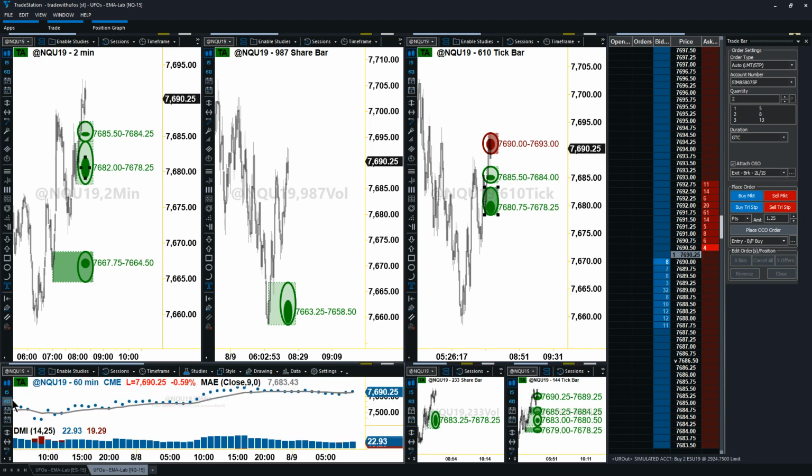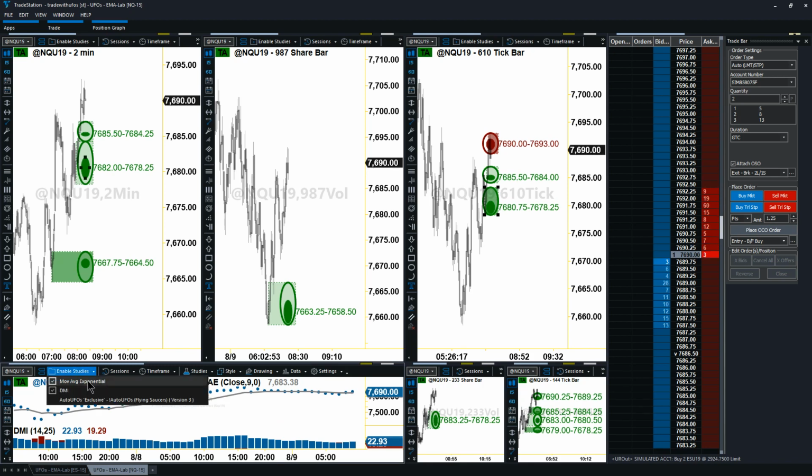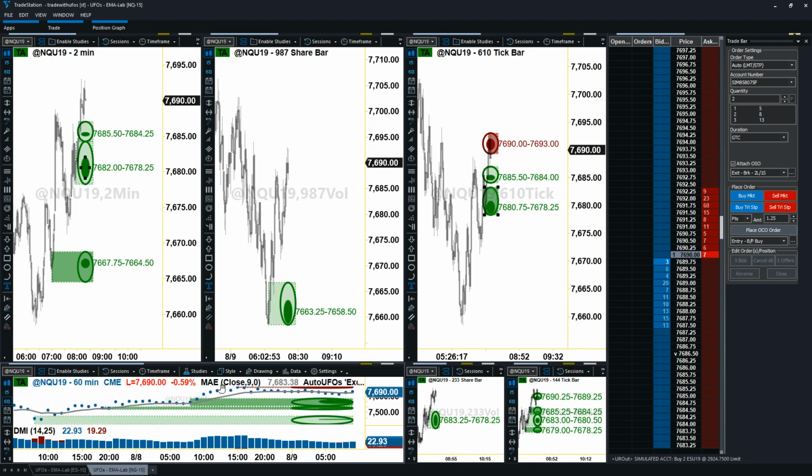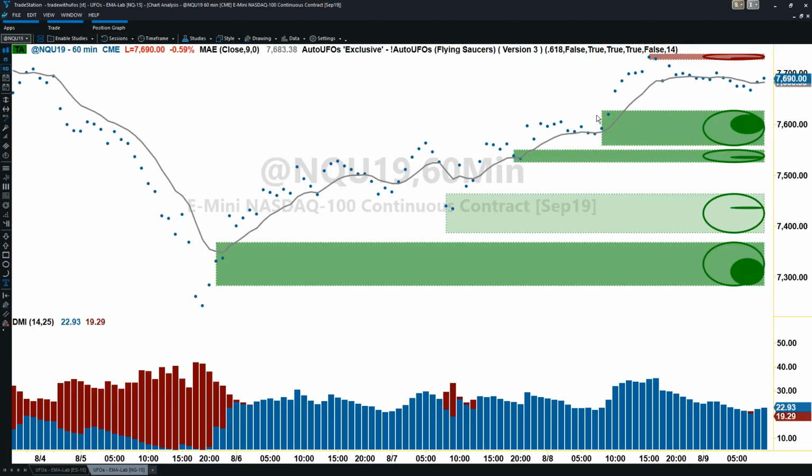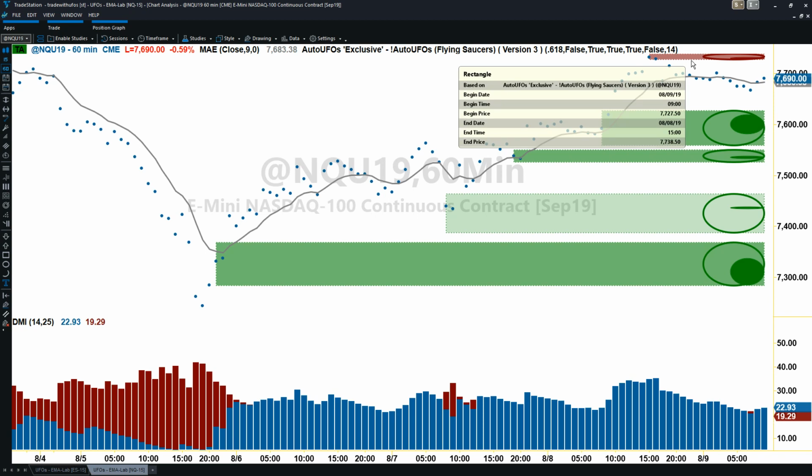For targets, because the climate is confirmed, we're gonna have to look at the 60-minute time frame. We also have a red UFO waiting for us. Let's see how far it is. It's looking like a nice distance for an intraday trade. So we are looking at 27.5.